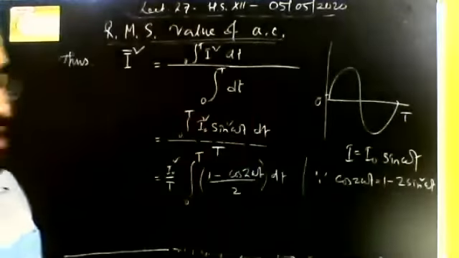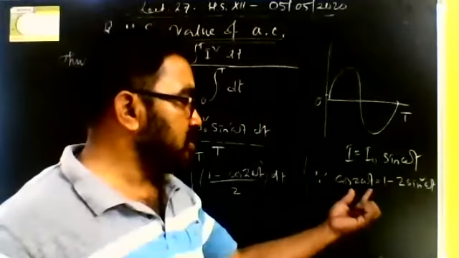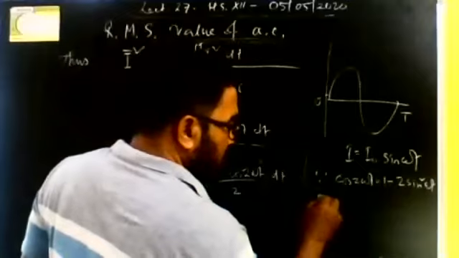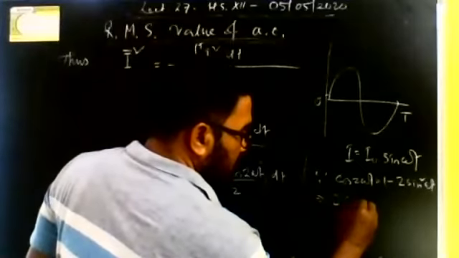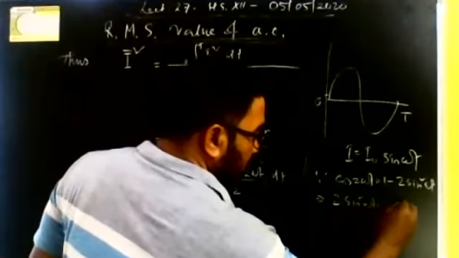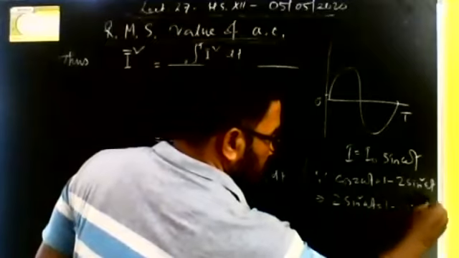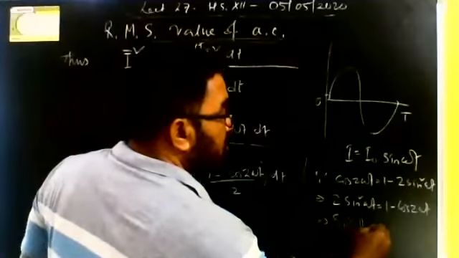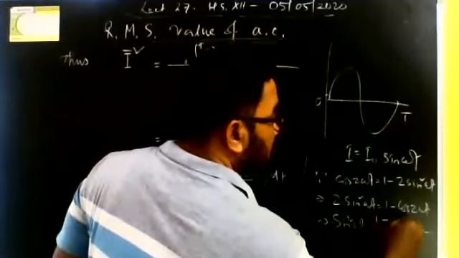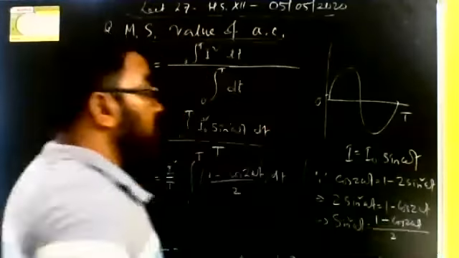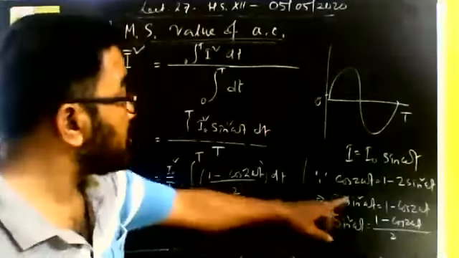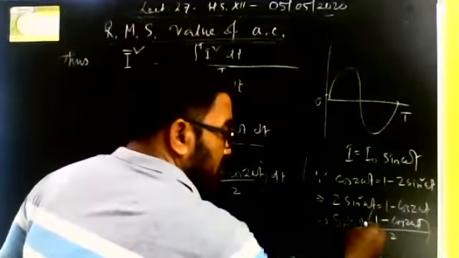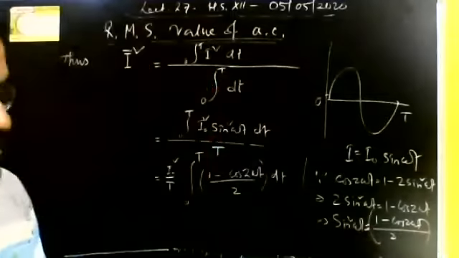This is a trigonometrical relation. From this relation, what do you get? 2 sine square omega t is equal to 1 minus cos twice omega t. So we are in need of sine square omega t, that is why 1 minus cos twice omega t. So sine square omega t is equal to (1 minus cos twice omega t) by 2.